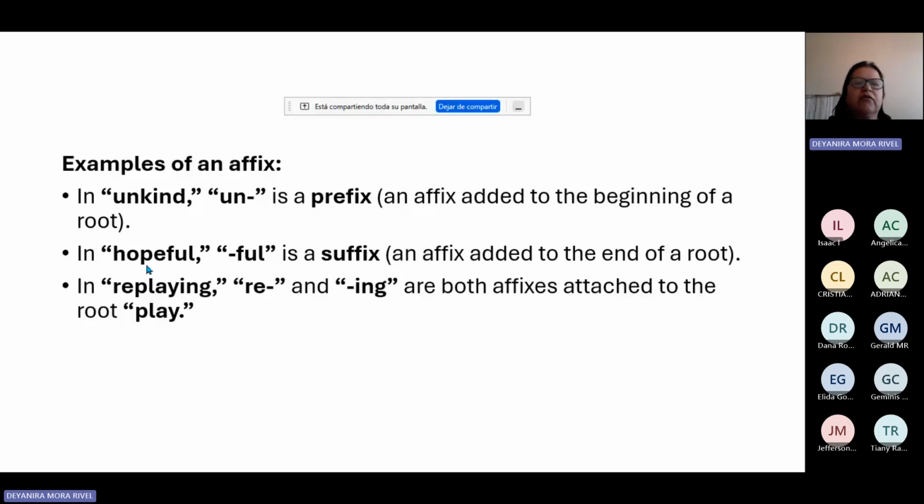And instead of hopeful, the antonym, the contrary, would be hopeless, right? Hopeful and hopeless are going to have suffixes. Hopeful means full of or that has, and hopeless means that it doesn't have. So it doesn't have hope.